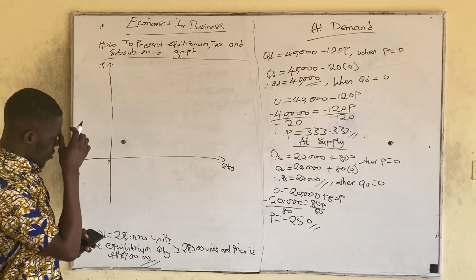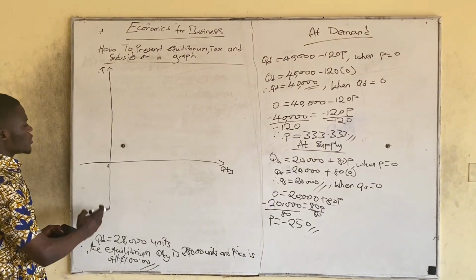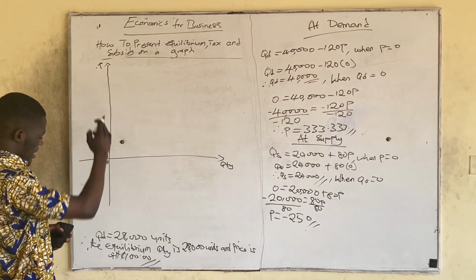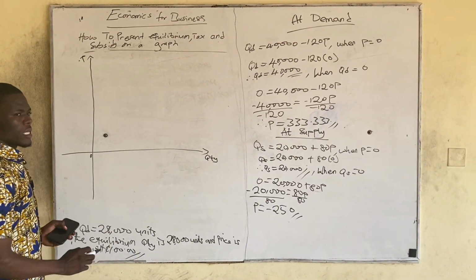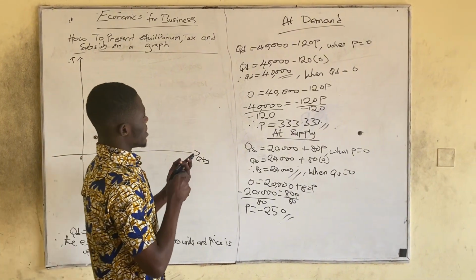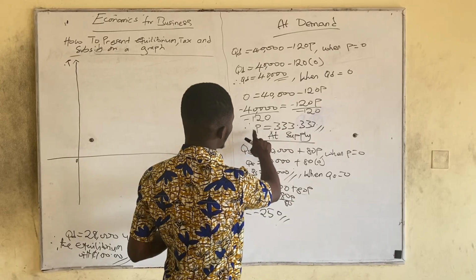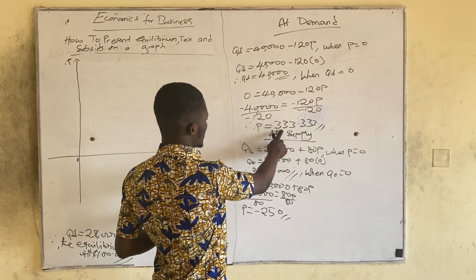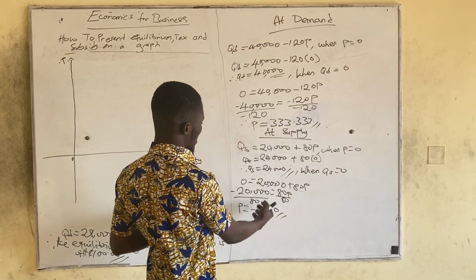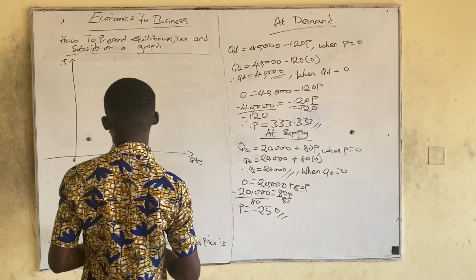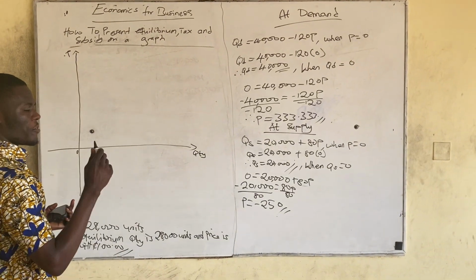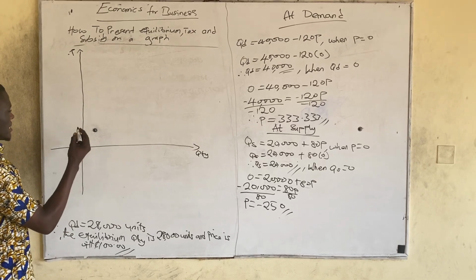Going to the price, we have equilibrium price to be 100. Now let's look at the price: we have 333, then the supply price to be negative 250. So here we can start with 50 as the interval.